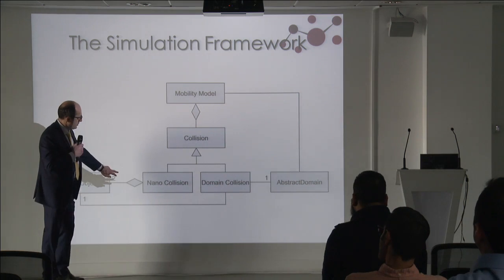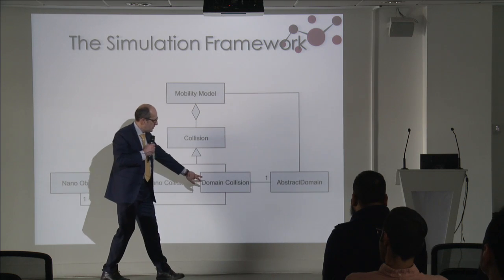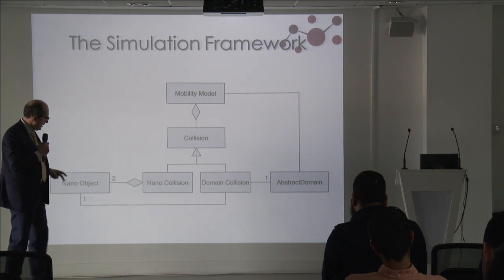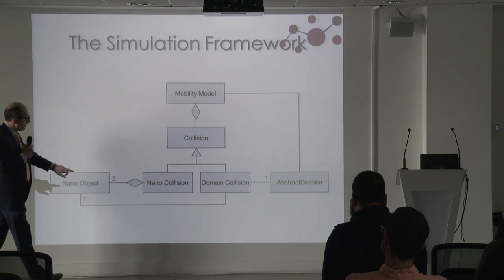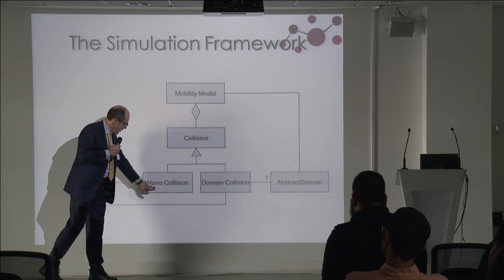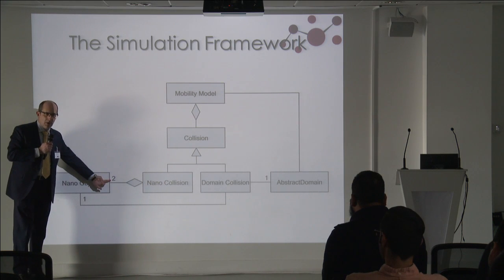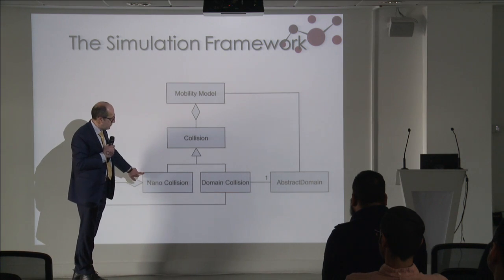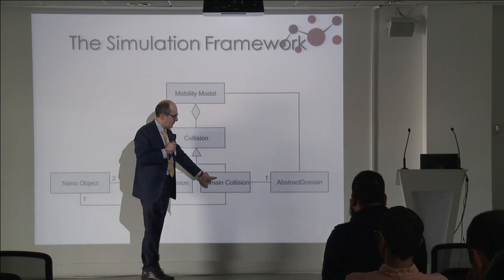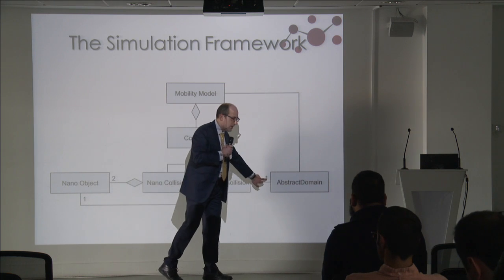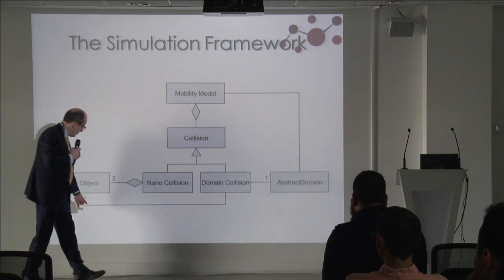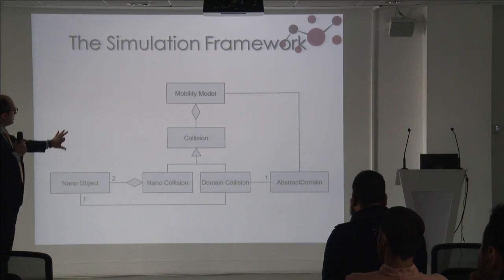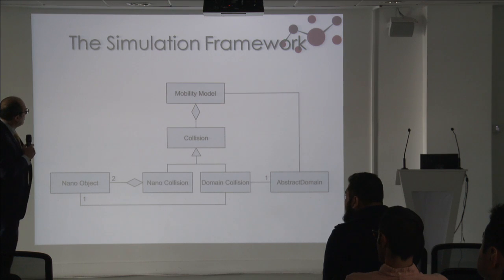So we can have a collision between nano-objects and a collision between a nano-object and a domain, the boundary of the domain. In a collision between nano-objects, we need two objects to collide. If the collision is between a nano-object and the boundary of the domain, we have clearly one domain and one nano-object. This is the logic governing the behavior of collision handling.